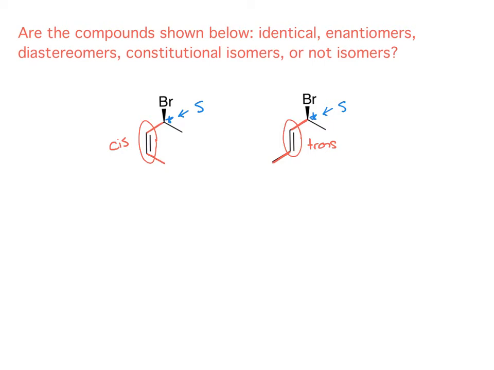The fact that you have a cis and trans double bond, first of all, just remember that you cannot rotate around double bonds. Double bonds lock these groups in place as cis or trans. So having that double bond makes these two things non-superimposable, and they're not mirror images.